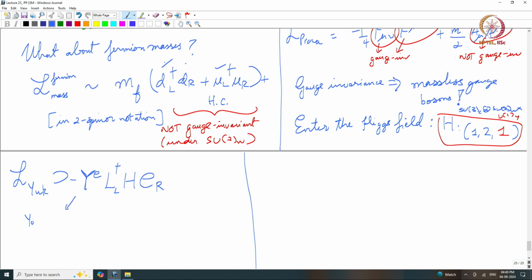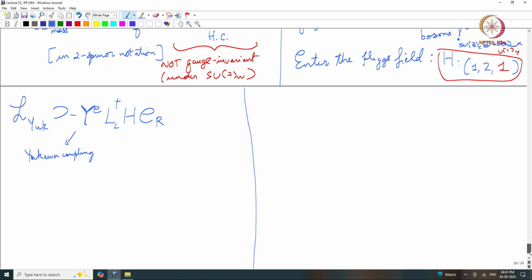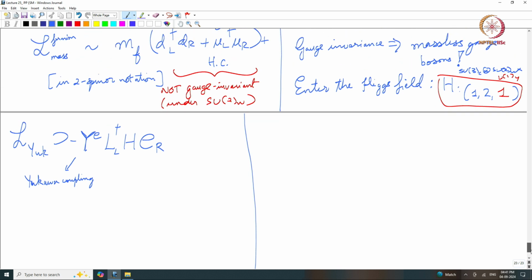That coupling is called the Yukawa coupling. Every time you hear the word Yukawa, think of 2 spinors and a scalar, okay. That's literally how Yukawa predicted the existence of a meson, the pion, right? Because he wanted the pion to be the mediator in the strong force between two nucleons, right?